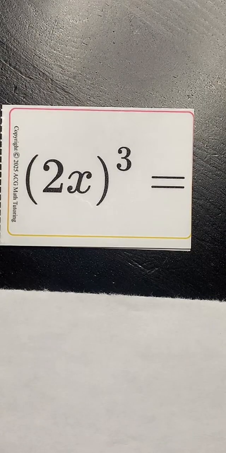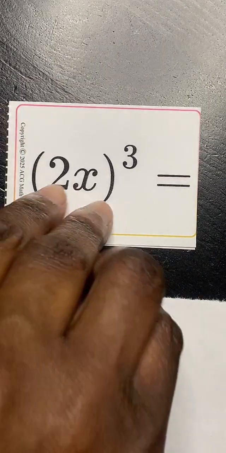Moise is saying 8x cubed. All right, so now we got an 8x cubed. So let's take a look.